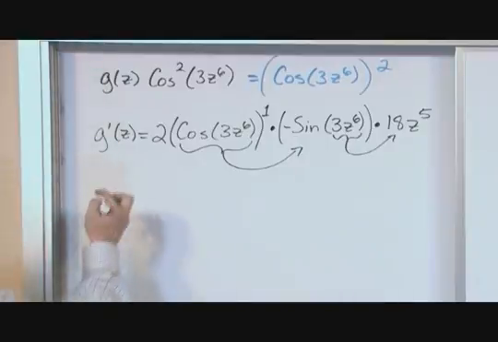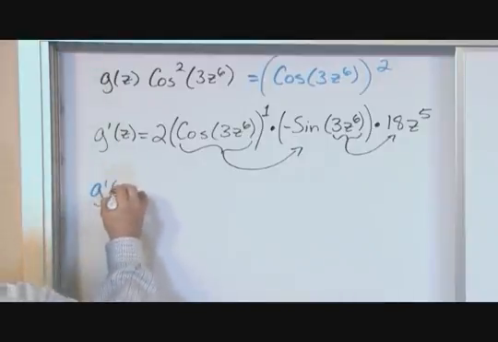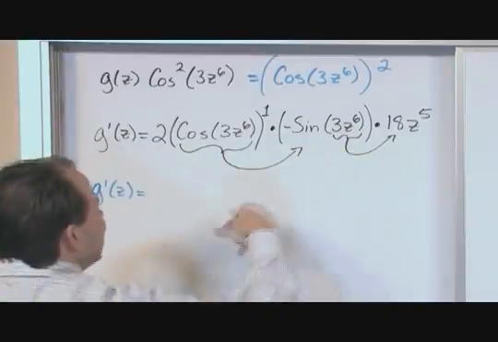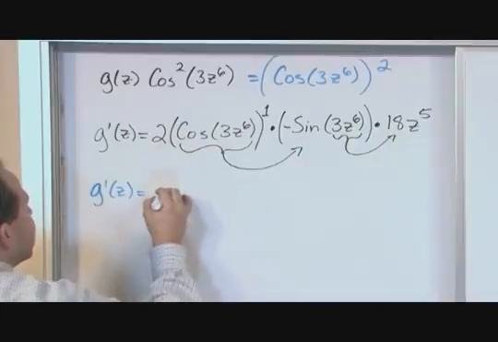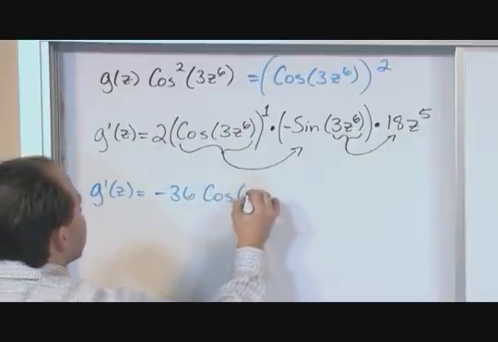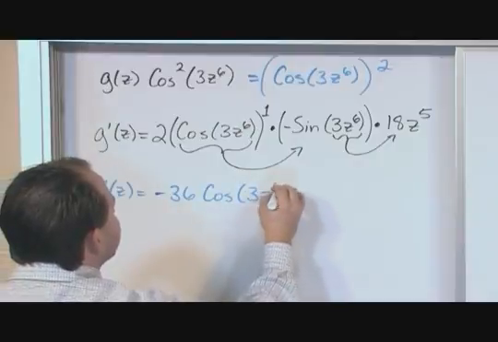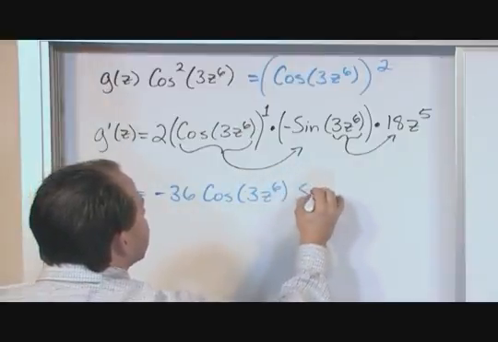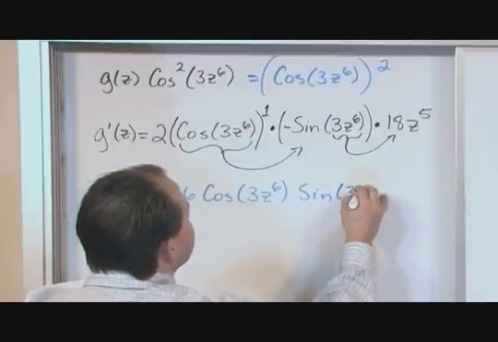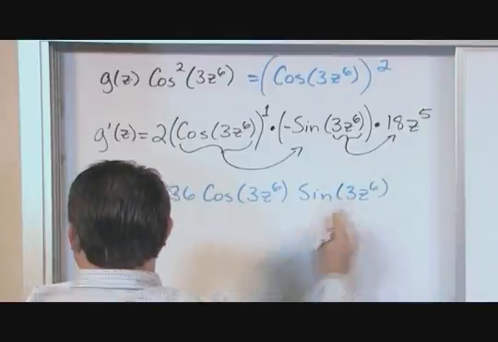get to the answer. So just to tidy this up, g prime of z is going to be equal to 2 times 18 is 36. We have a negative sign, so negative 36 cosine of 3z to the 6th power times the sine of 3z to the 6th power.